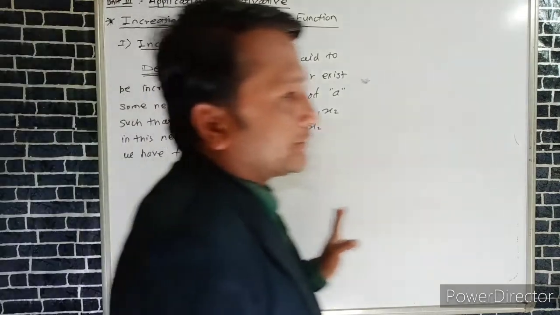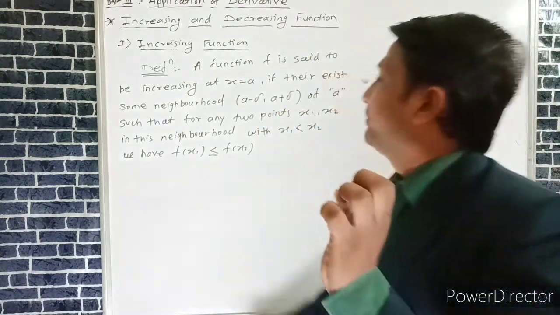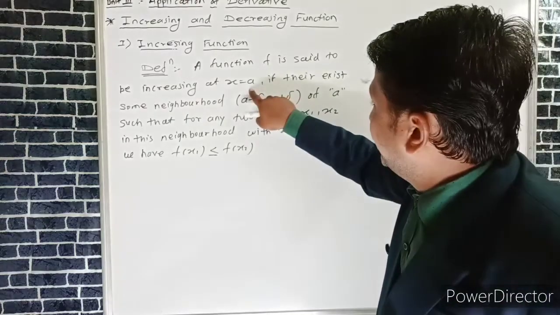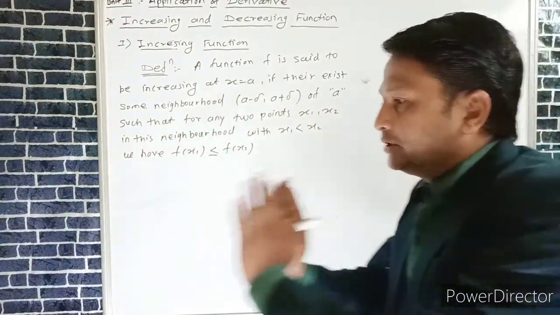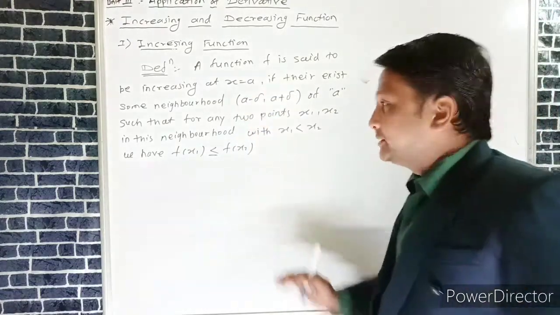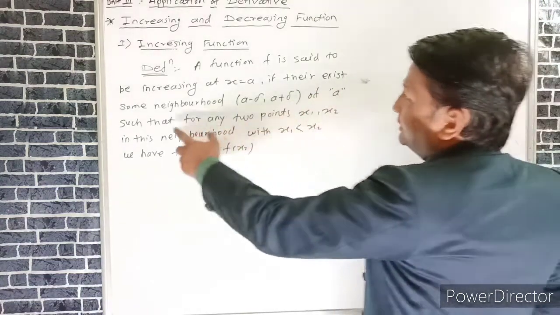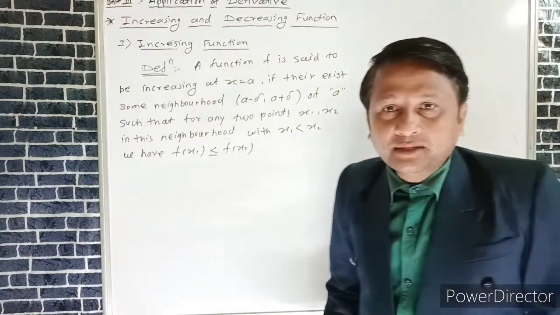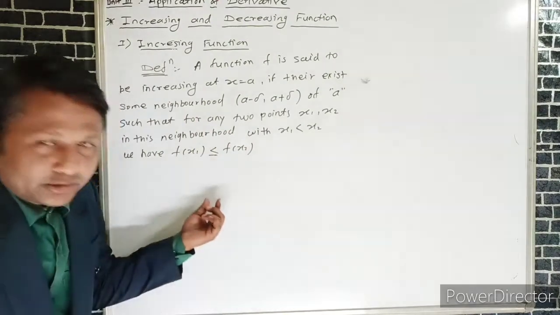A function f is said to be increasing at x equals a if there exists some neighborhood (a minus delta, a plus delta) of a such that for any two points x1, x2 in this neighborhood with x1 strictly less than x2, we have f of x1 less than or equal to f of x2.